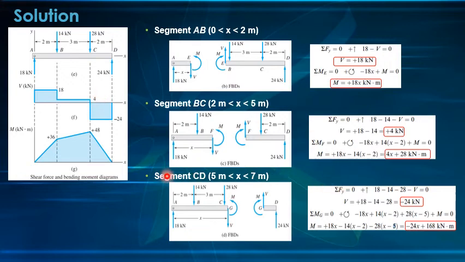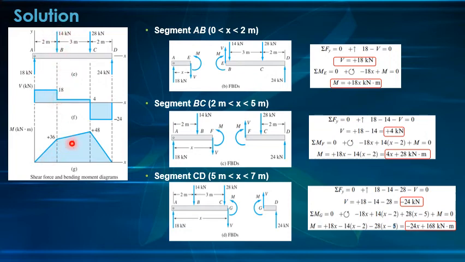And lastly, for segment CD, constant ulit siya. And the value is negative 24 kilonewton. Kaya ito po ang itsura niya. Dire-diretso lang po yan. Since there is no discontinuity in between A and B, nagkaroon lang siya at this point sa B. Doon nagbago yung shear force dahil sa load na ito.